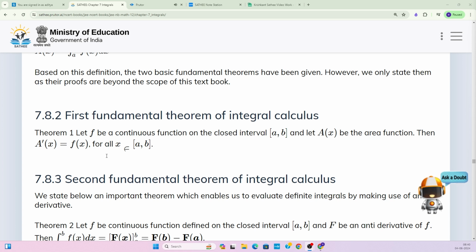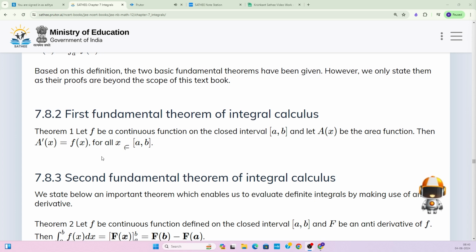Then if you differentiate this area function with respect to x, you will get f(x) for all x in the closed interval a to b. Simple? I hope it is clear to you.